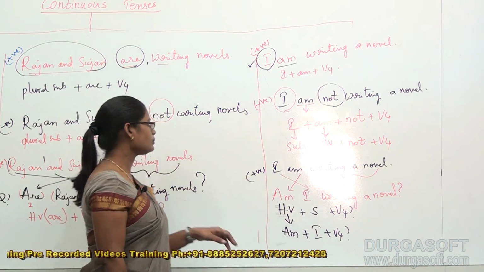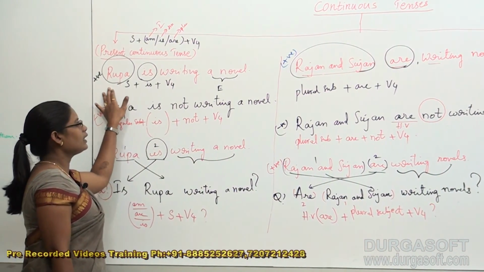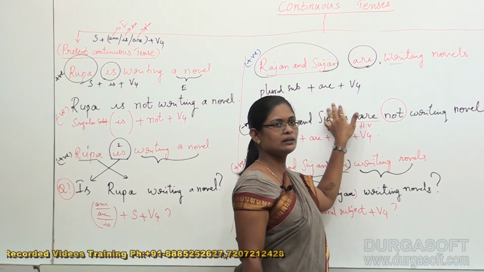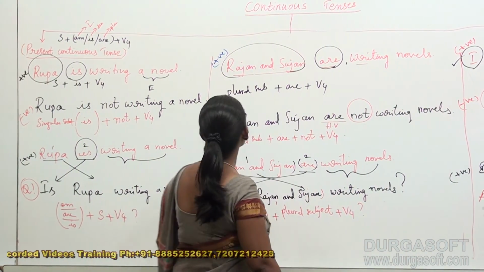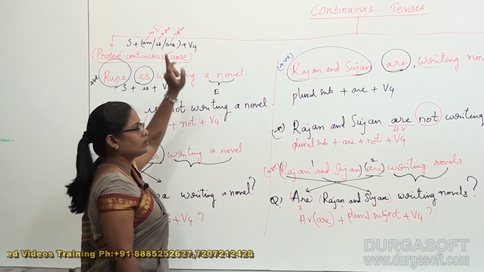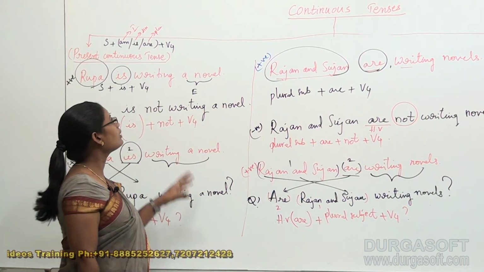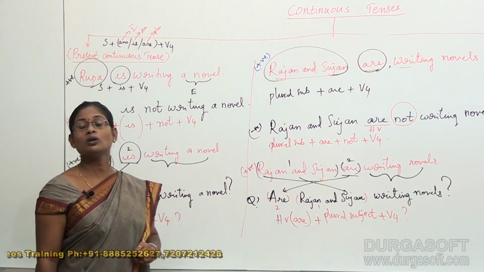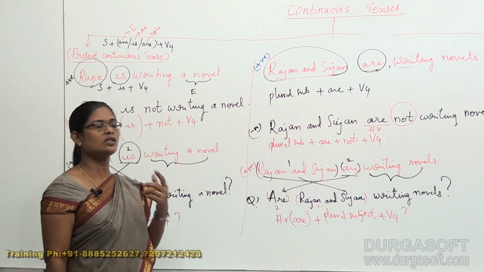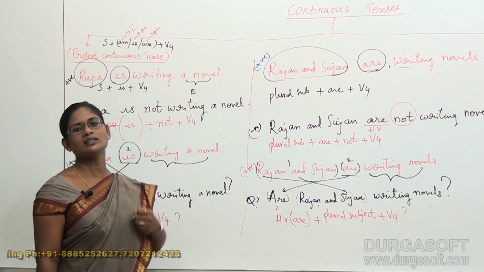So, students, it's very simple for us. Based on the subject that we take, we have to take the concerned helping verb that is provided for us according to the structure. Okay. If you miss the structure, it's not possible for you to frame these many sentences. If you are capable of holding the structures in your mind, within seconds you can deal with n number of sentences with different subjects.